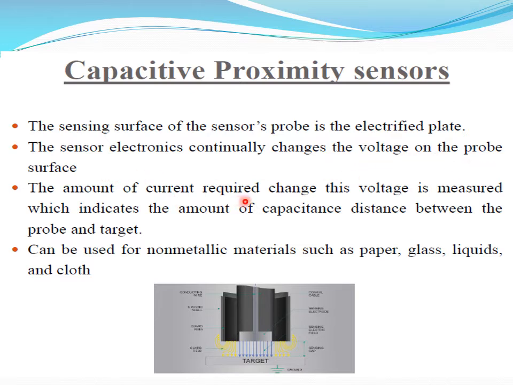The amount of current required to change this voltage is measured, which indicates the amount of capacitance distance between the probe and the target. This is the basic work principle. It is basically used for non-metallic material, for paper, glass, liquid, cloth, etc.